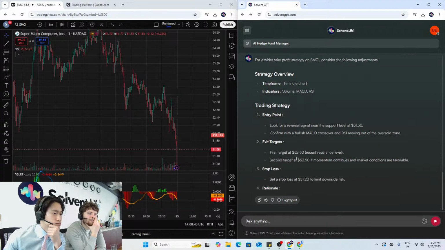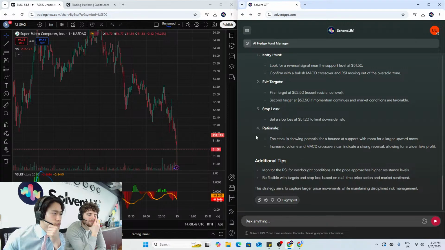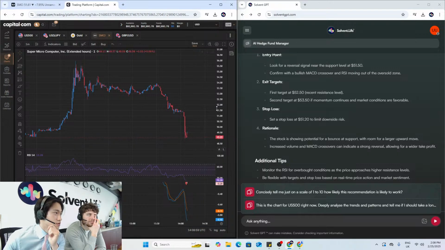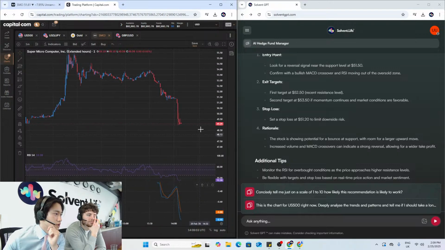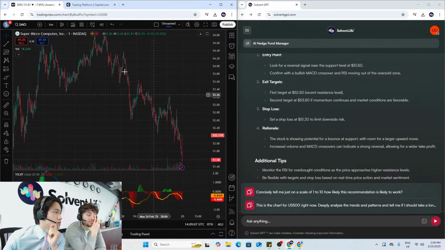So yeah, we'll look for an entry point. The GPT is saying that there could be a reversal coming here soon, which is what we might be seeing the start of here. I don't think it'll be an immediate reversal. These are different.